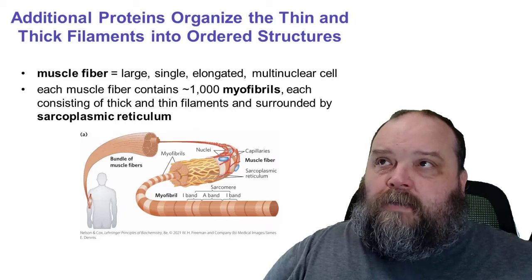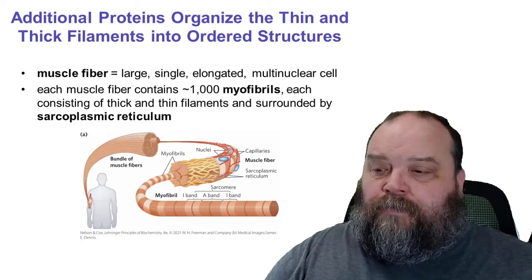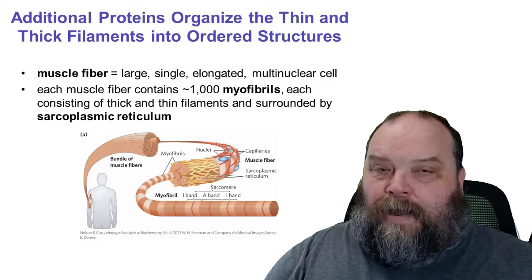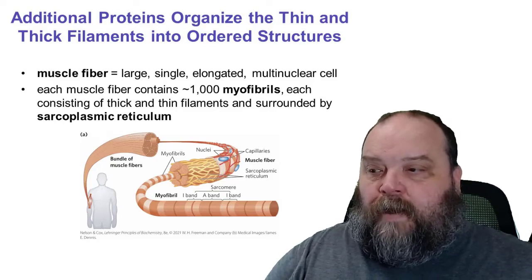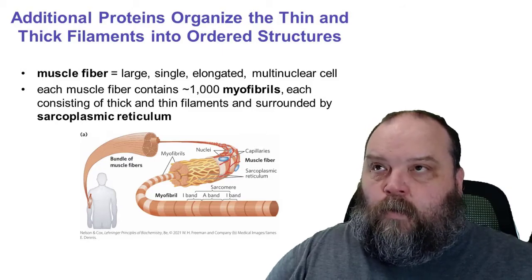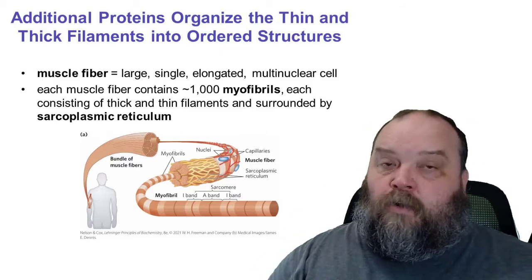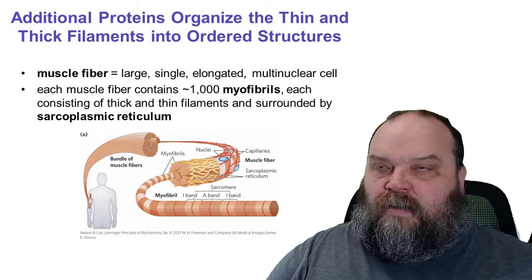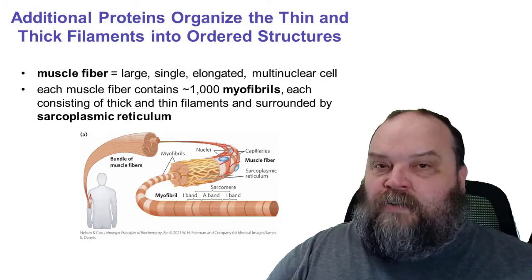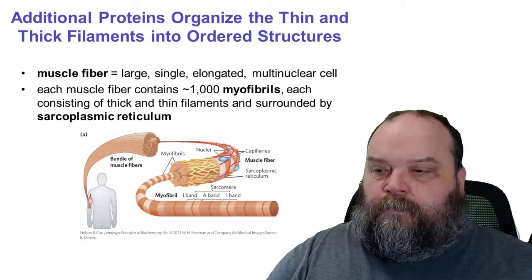What I keep saying is a muscle cell is actually known as myofibrils. The myofibrils are surrounded by what is called the sarcoplasmic reticulum. That's a version of ER where calcium is stored.